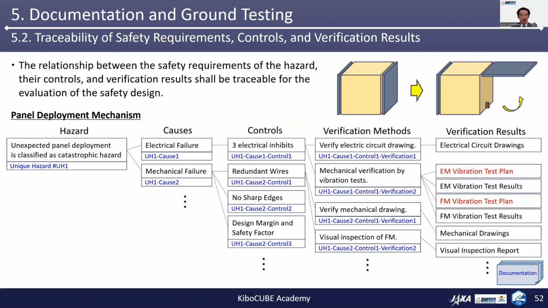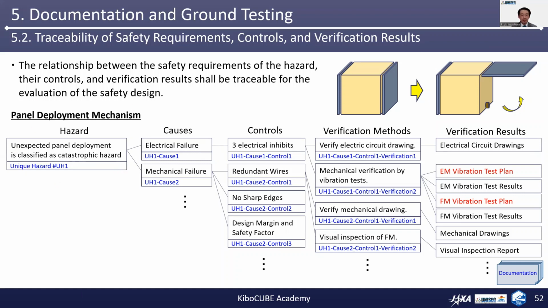So in this slide, I have illustrated the traceability of safety design requirements for the panel deployment mechanism as an example. The driving requirement says that unexpected panel deployment is classified as catastrophic hazard. So this can be regarded as one of the many hazards you have identified related to your satellite.